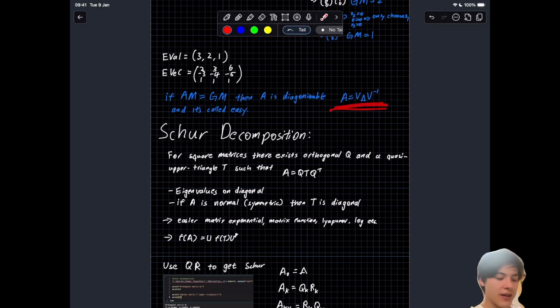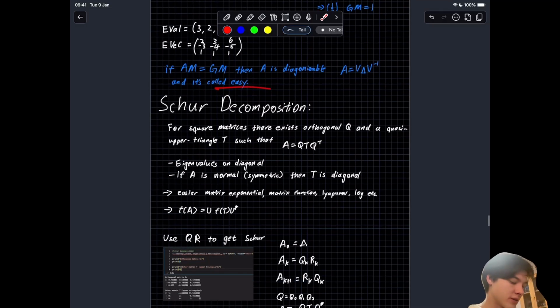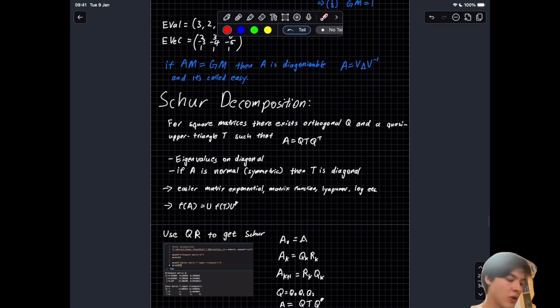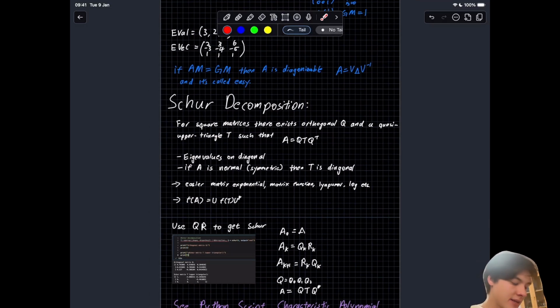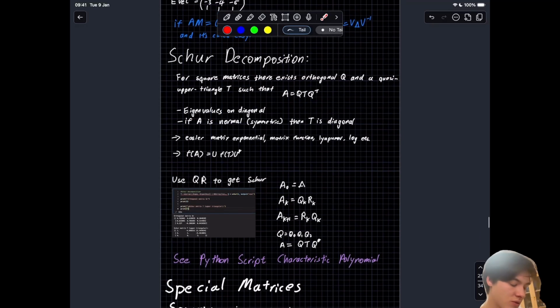So yeah, we can write it in this form. And then it's also called an easy matrix. Now we have another way to find that, and that's through the Schur decomposition. For square matrices, there exists an orthogonal Q and a quasi upper triangular T such that A equals Q T Q transposed.